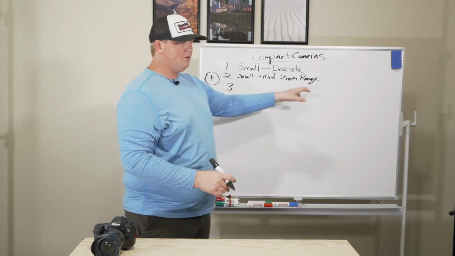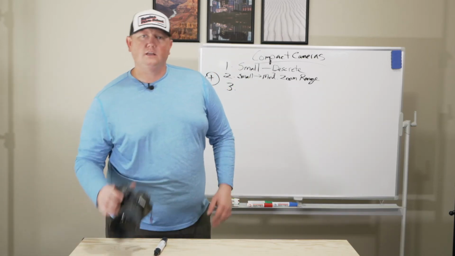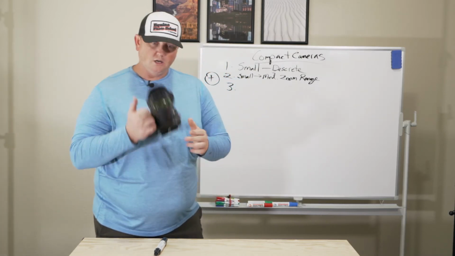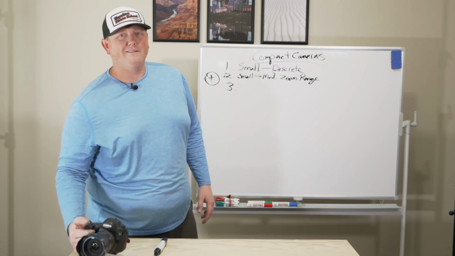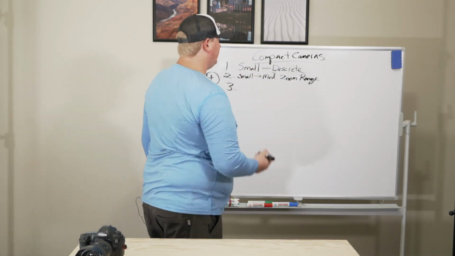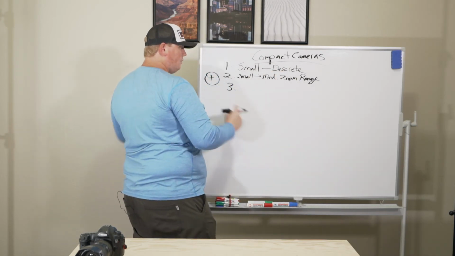So you got a small to medium zoom range there, kind of like this lens here on this camera, just a little bit of a zoom, not much, but on these I can swap it out for a different lens. But on these compact ones, you're kind of stuck with that lens, and that's really one of the downfalls. We're gonna get to that.